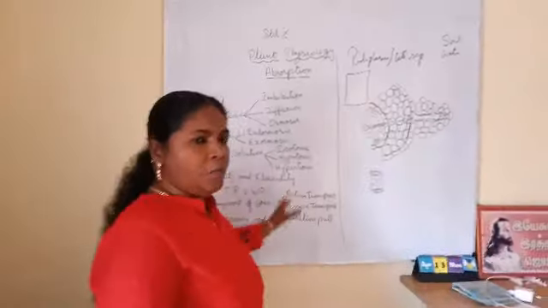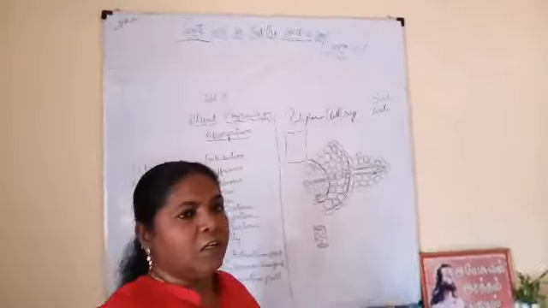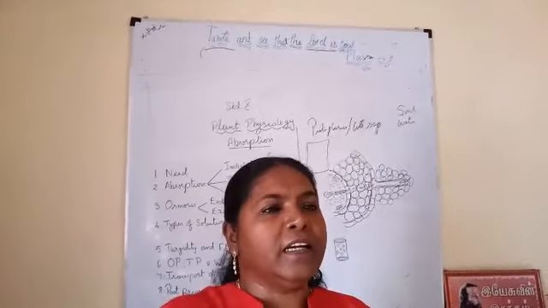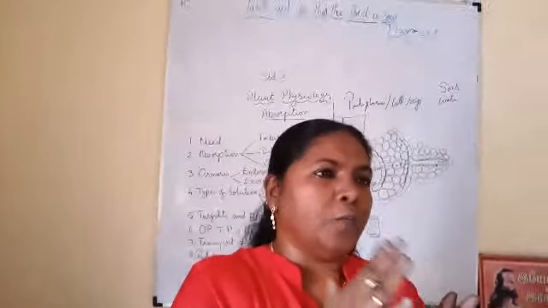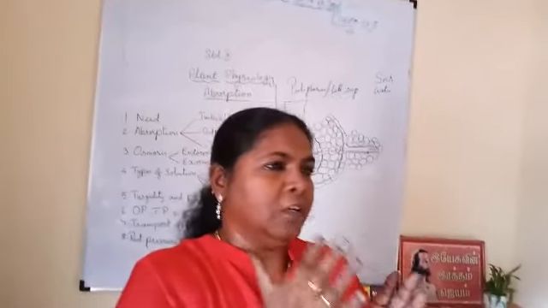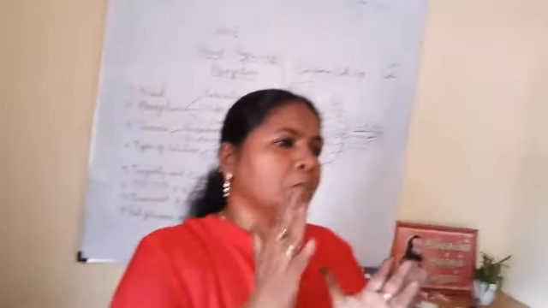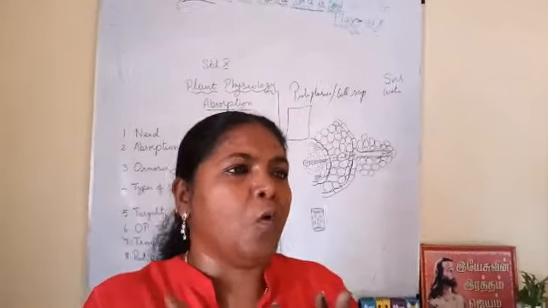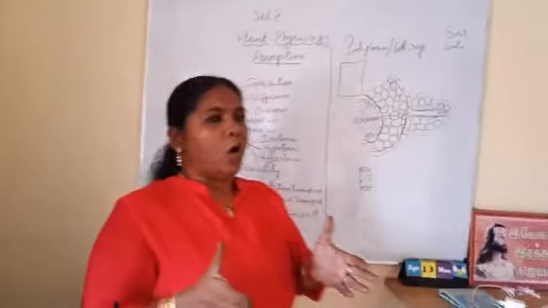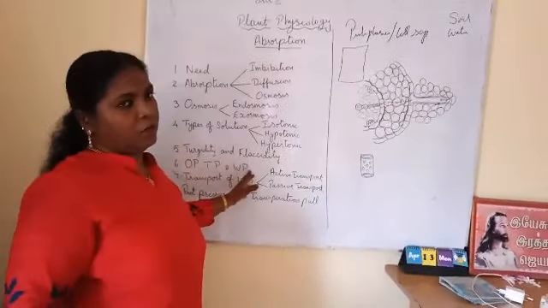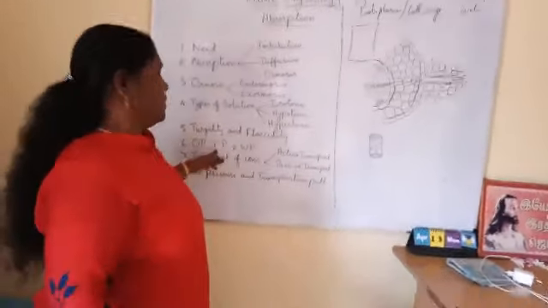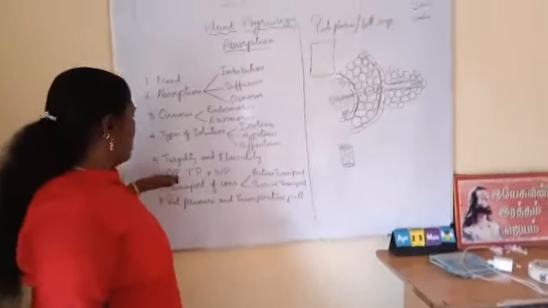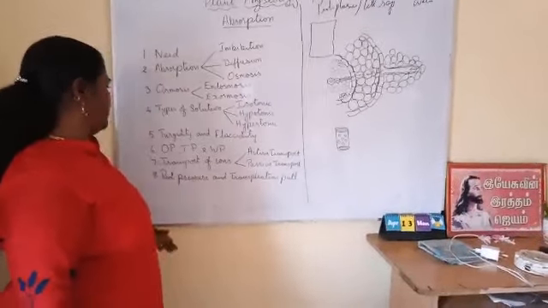Now wall pressure: the cell wall exerts pressure on the content. If more and more water has entered, the cell wall shows pressure on the content. So the pressure shown by the cell wall on the cell content is called wall pressure. The pressure shown by the content of the cell on the cell wall is called turgor pressure. All these things help in absorption.